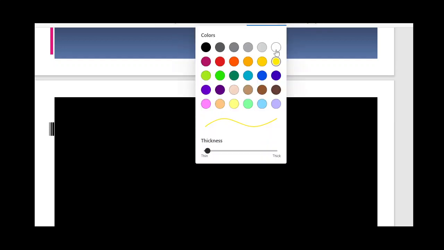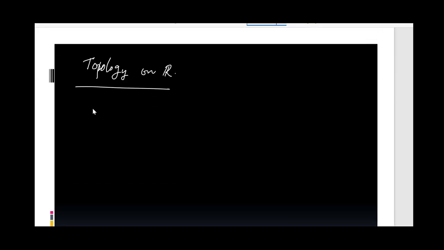So last class we have discussed topological spaces, or topologies on R. The first example was R with the usual topology.